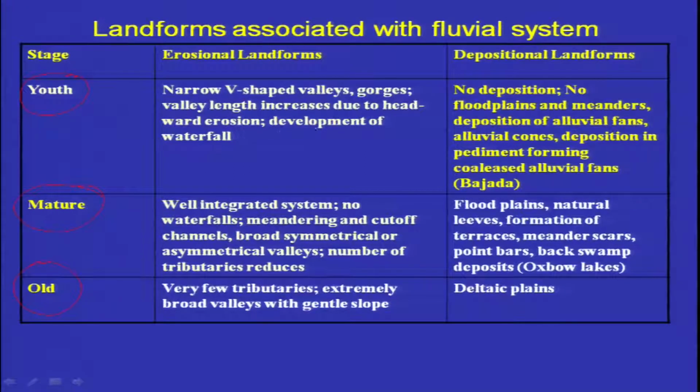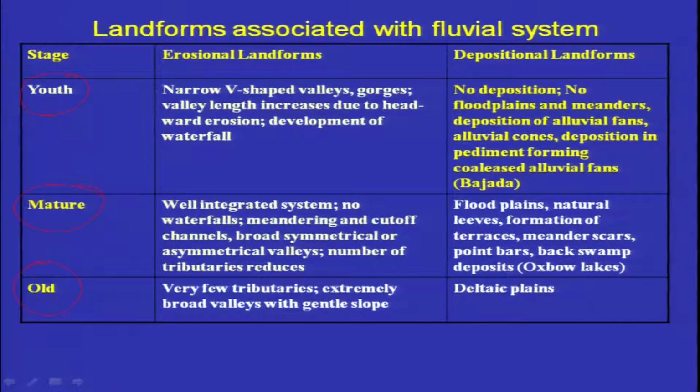And development of waterfalls. This is a very youth stage where you will find this type of features. In the depositional landforms, for the youth stage, you will not see much deposition, no floodplains or meanders will be seen.